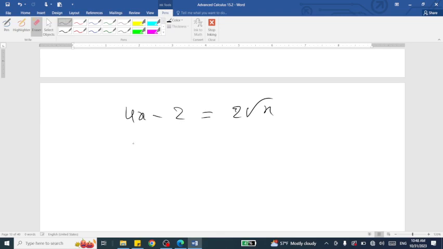You are right. So 2x minus 1 equal to square root of x. Square both sides.